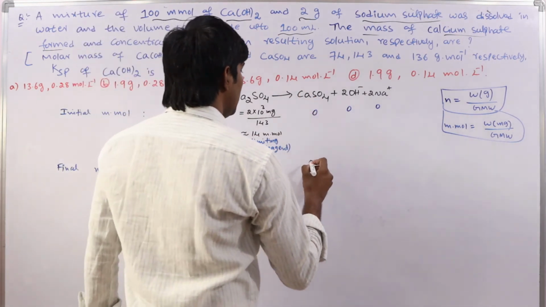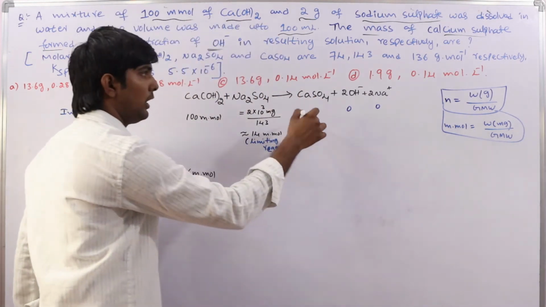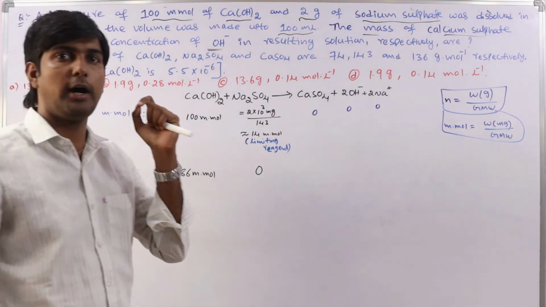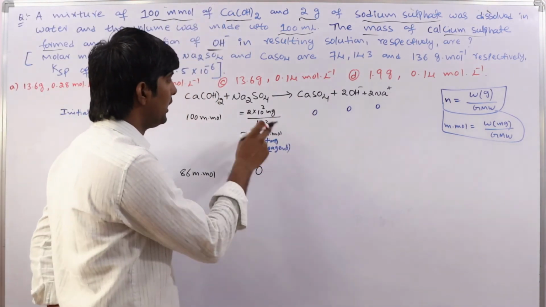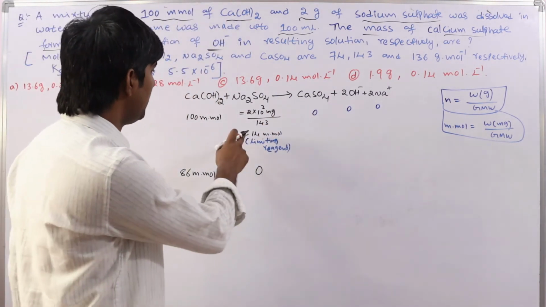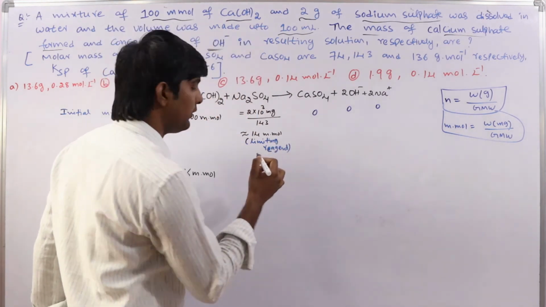Next, how many millimoles are formed? The amount of product formed always depends upon the limiting reagent quantity. So here we have 14 millimole of limiting reagent.